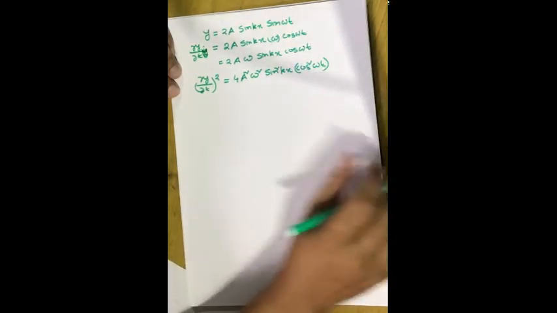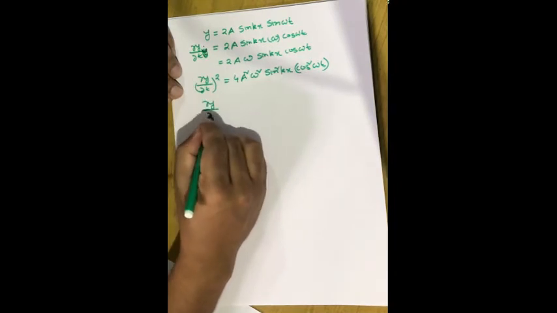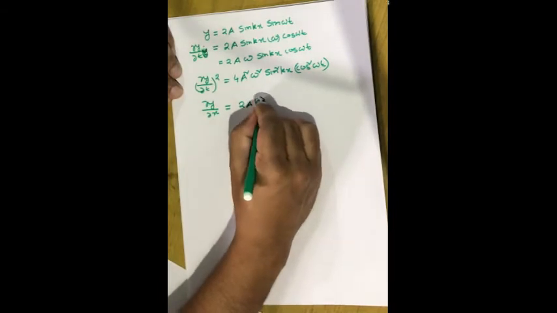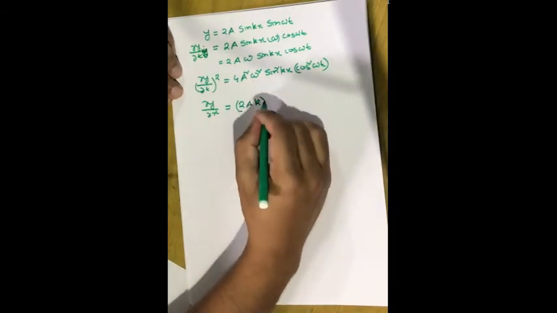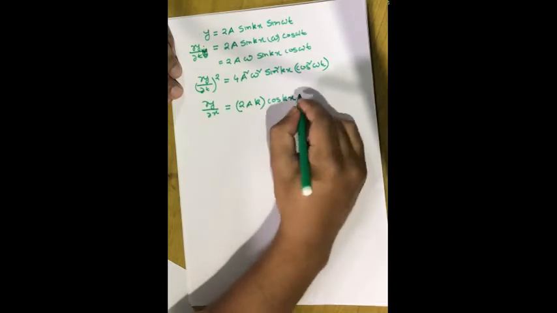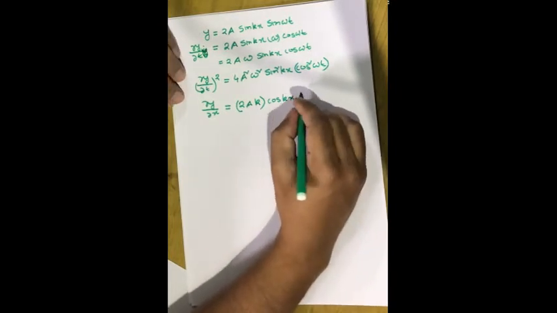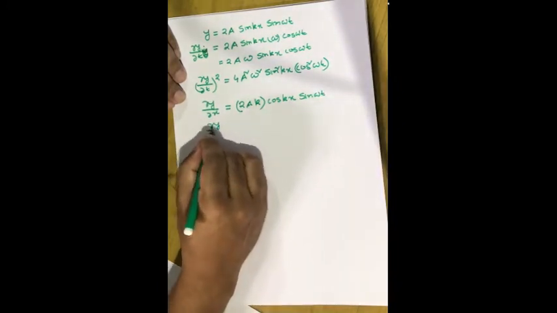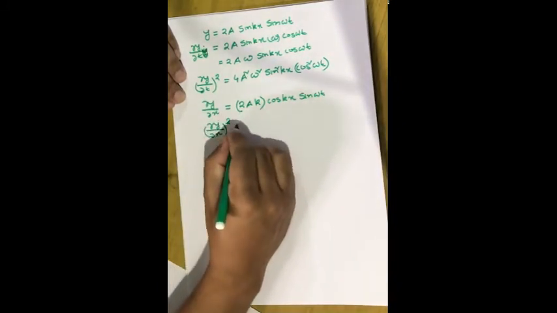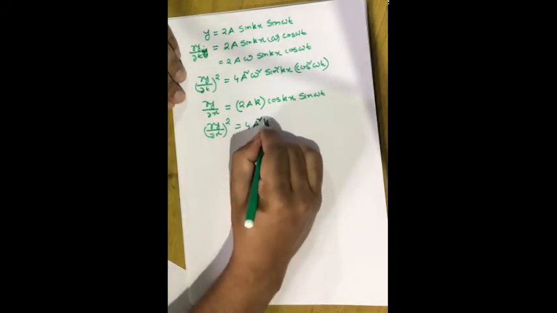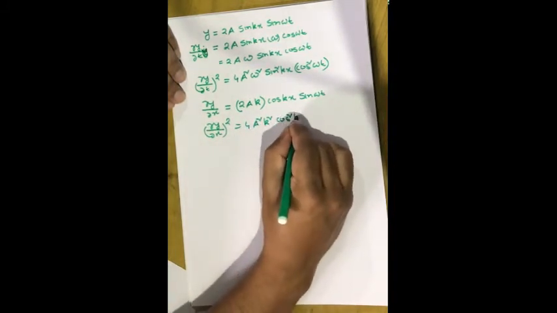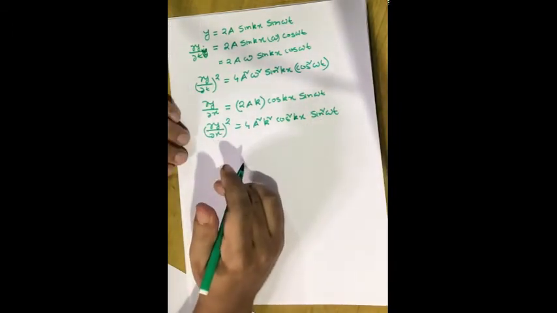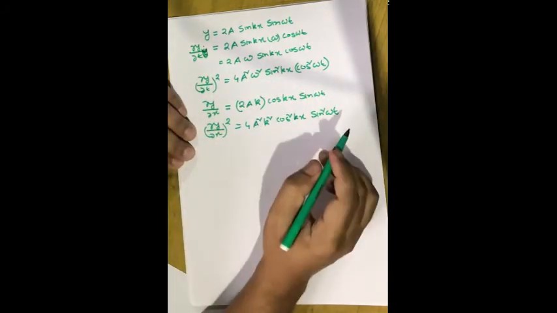Now let me find del y by del x. Del y by del x will be equal to 2a k cos kx into sin omega t. So del y by del x whole square will be equal to 4a square k square cos square kx into sin square omega t. These are the values of del y by del x whole square and del y by del t whole square.